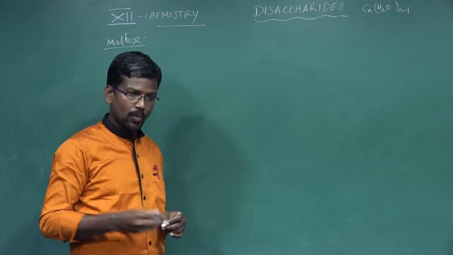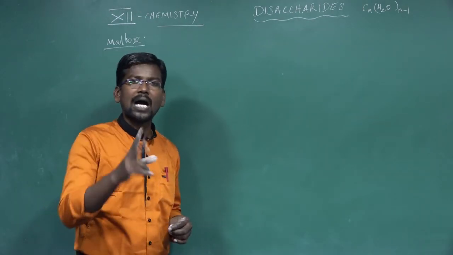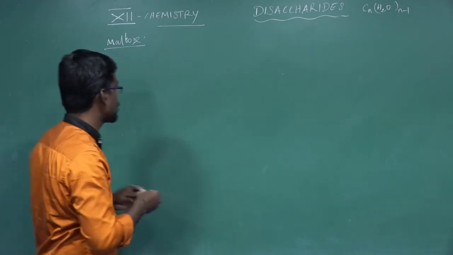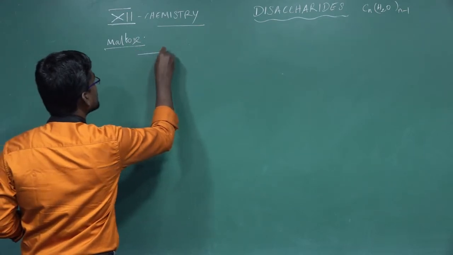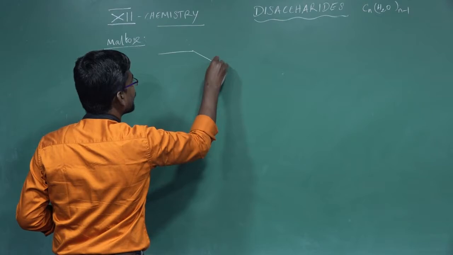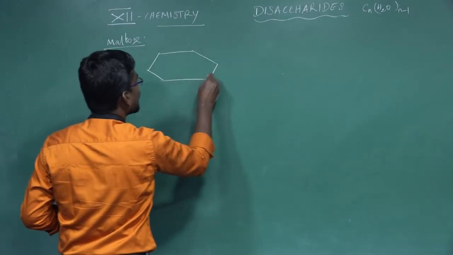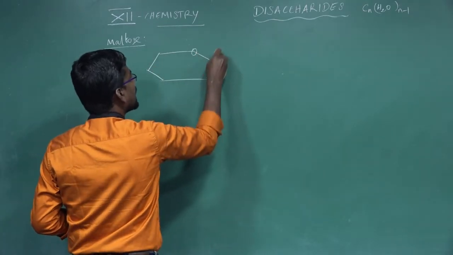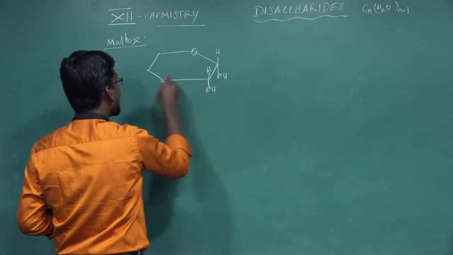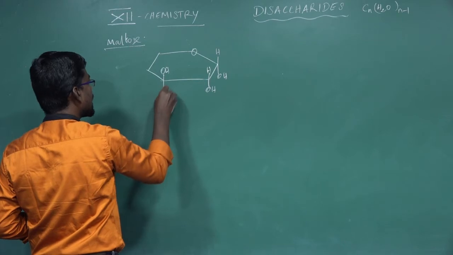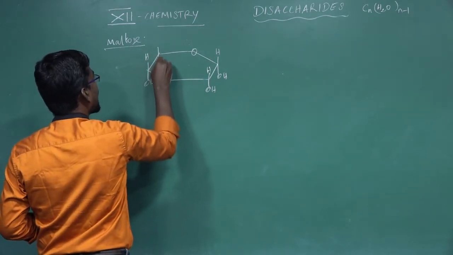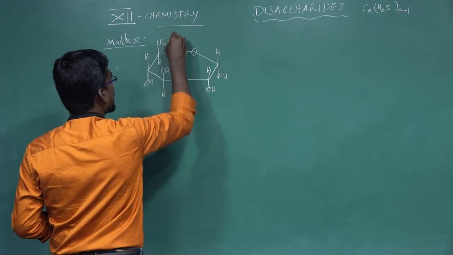Maltose is obtained from the combination of two saccharides of the same kind, alpha D glucose, with hydrogen, OH, hydrogen, OH, hydrogen and CH2OH.